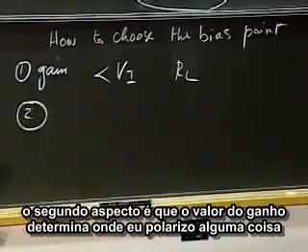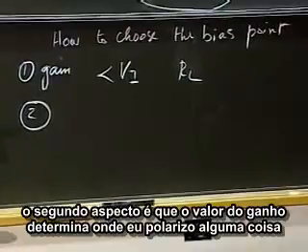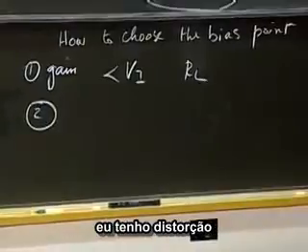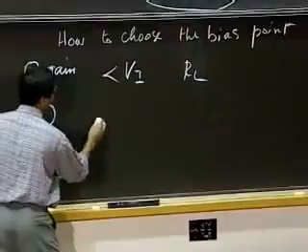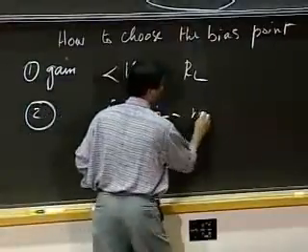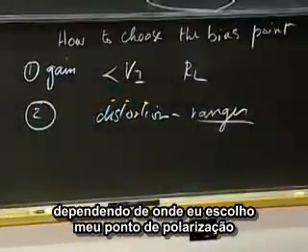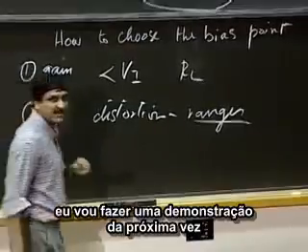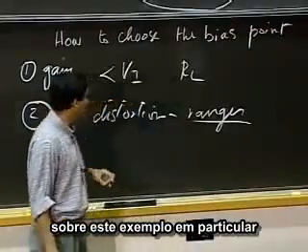The second point is that the gain point determines where I bias something. If I choose my bias too high, I get distortion. Or if I choose my bias too low, I get distortion. Depending on how I choose my bias point, as the signal goes up, it may begin clipping or distorting. And I'll show you a demo the next time on that particular example.